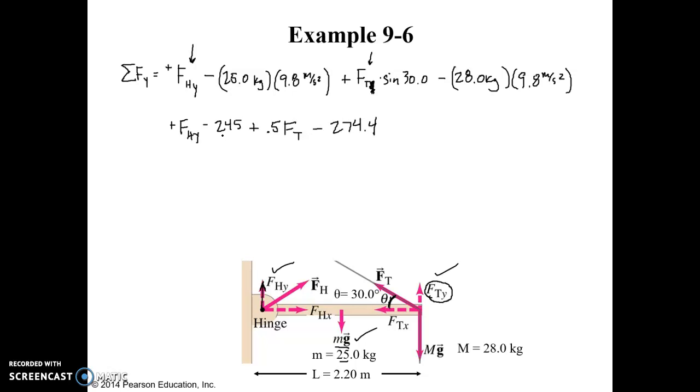And we can combine these two terms right here. They're just constants, 274.4 and 245.